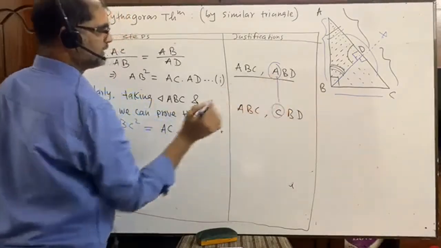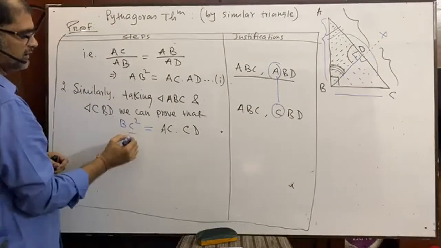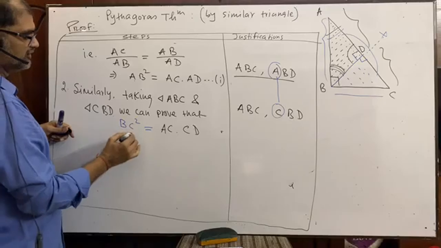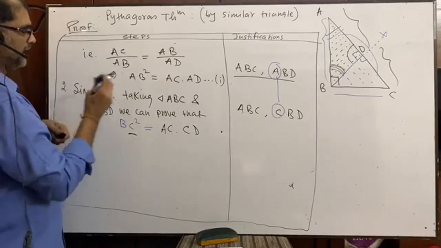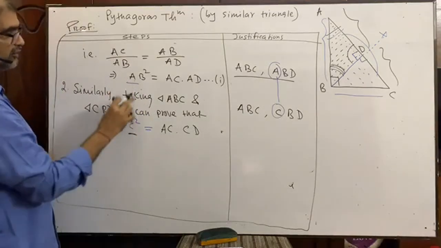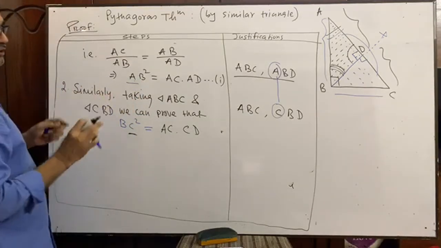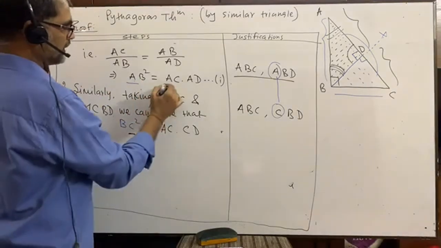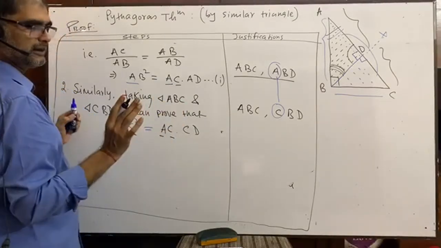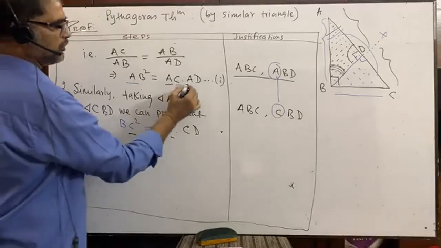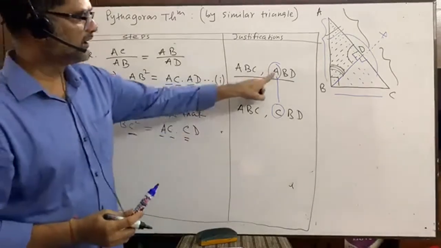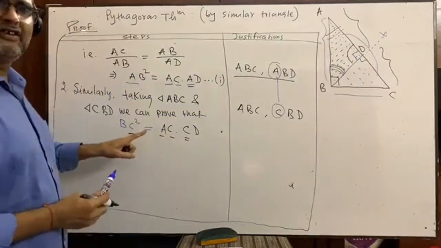A and C. So for A it will be C. For C it is A. Not a matter. For A it is C. Nothing else is different here.